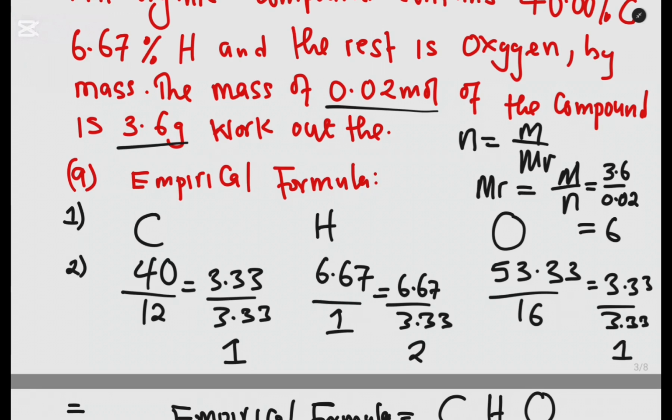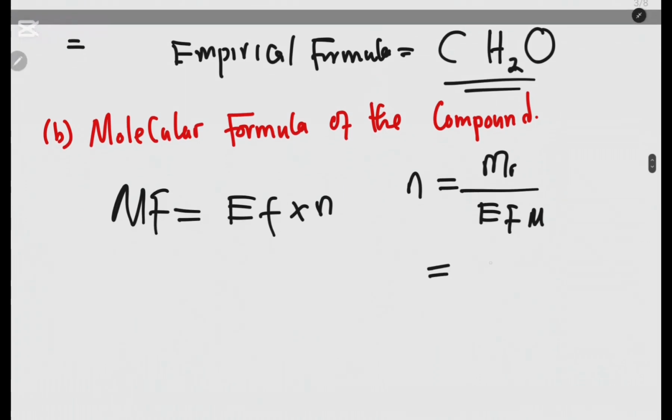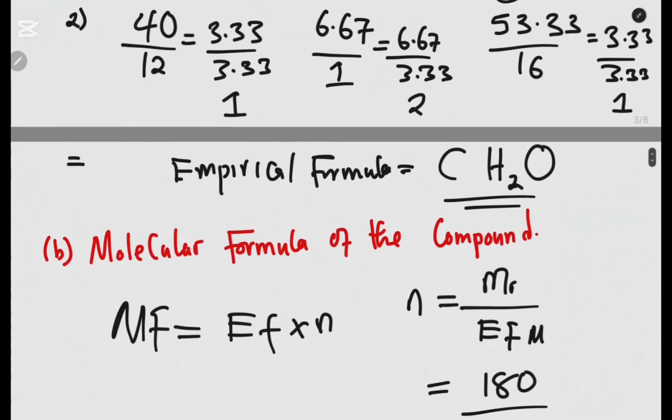Let me just confirm with my calculator. That is 3.6 divided by 0.02. Oh yeah, not 6 please, but 180. So 180 is the one that we are going to use now. We say 180 divided by the formula mass for this one.